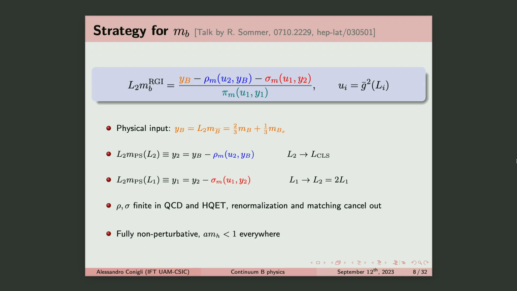In here, with this y_B, y_2, and y_1, I am denoting the target point of the b quark scale in the different volumes. And once we define our physical input, the other points, y_2 and y_1, at which we are going to interpolate the relativistic and the static data, can be computed recursively by simply subtracting from the physical input the value of the previously computed step scaling function.